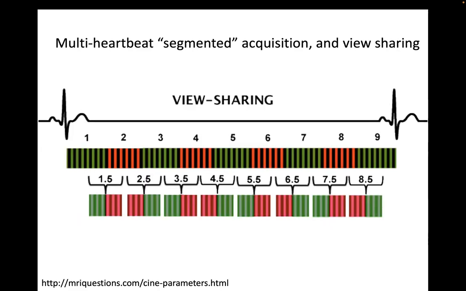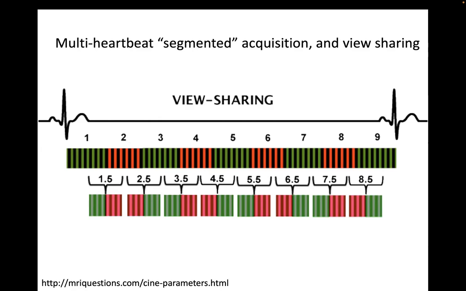Also, you can do what's called view sharing, in which you take the last half of this time frame and the first half of this time frame, and combine those together to make a new time frame. So if you sequence these appropriately, you can generate time frames that are in between these two.